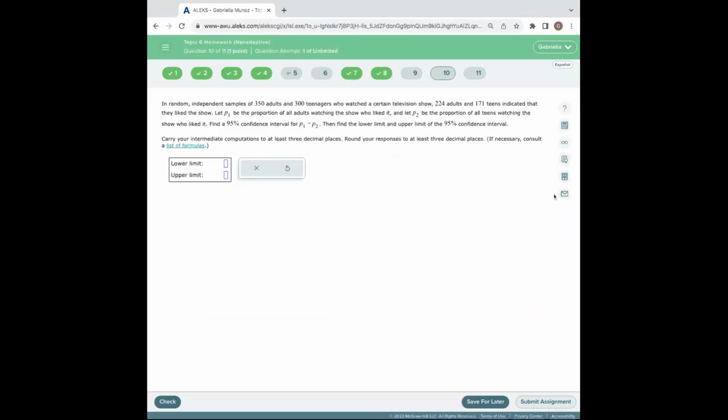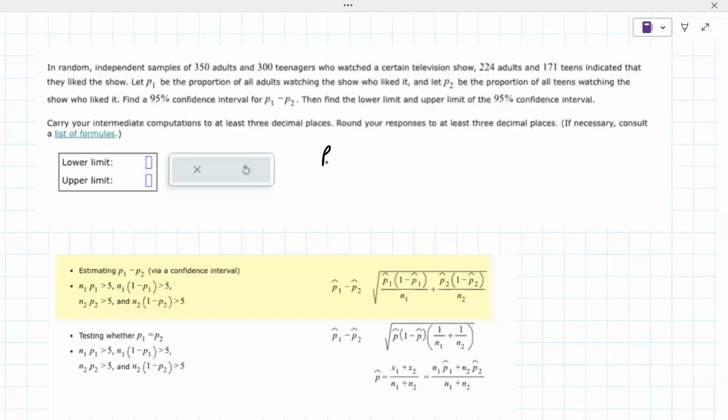So for the confidence interval, all right. P1 is X1 over N1. It's 224 over 350, and P2 is 171 over 300.